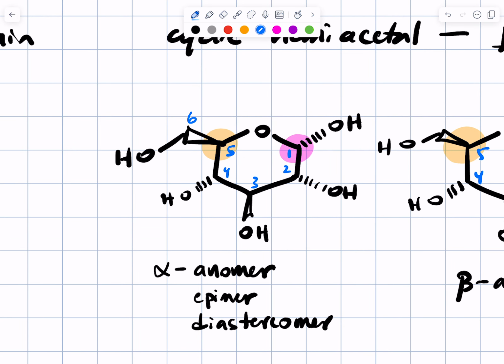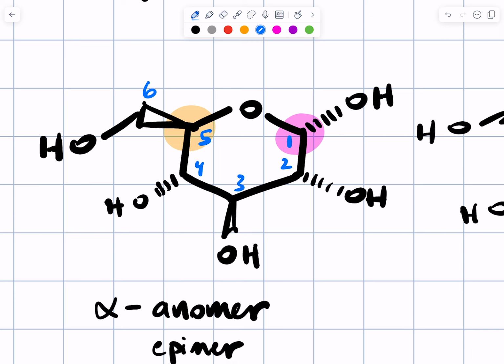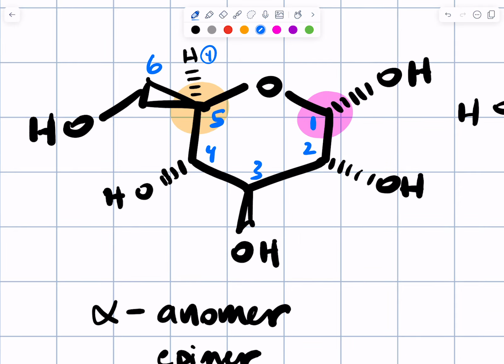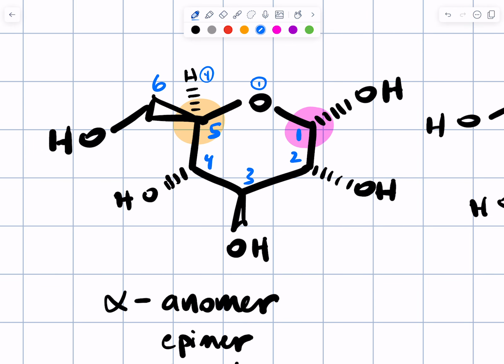If we want to be a little bit more precise, which maybe is a good idea, if we assigned R and S configuration at that stereocenter, a proton would be the priority 4 group, oxygen would be the priority 1 group. This carbon, C4, is bonded to an oxygen, 2 carbons, and a hydrogen, whereas this carbon, C6, is bonded to an oxygen, 1 carbon, and 2 hydrogens. As we go down the list, we get a tie until we get to a carbon versus hydrogen comparison.